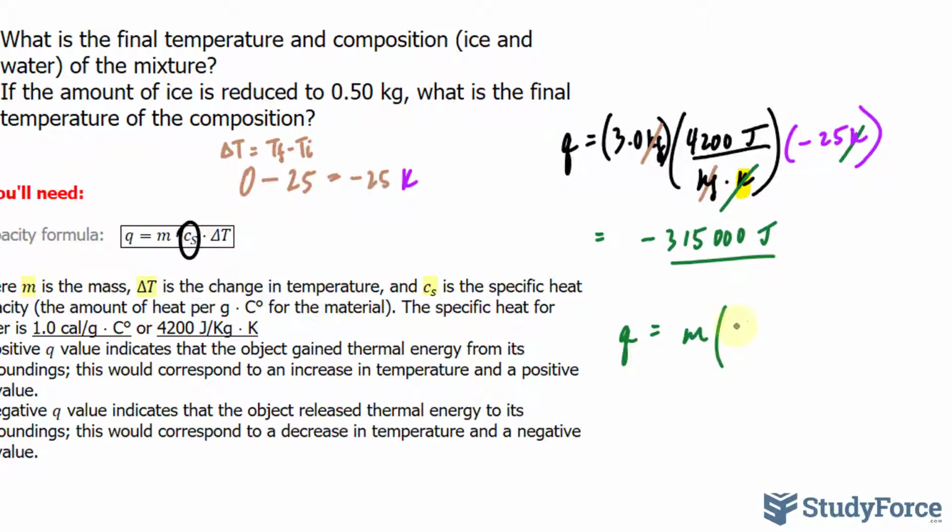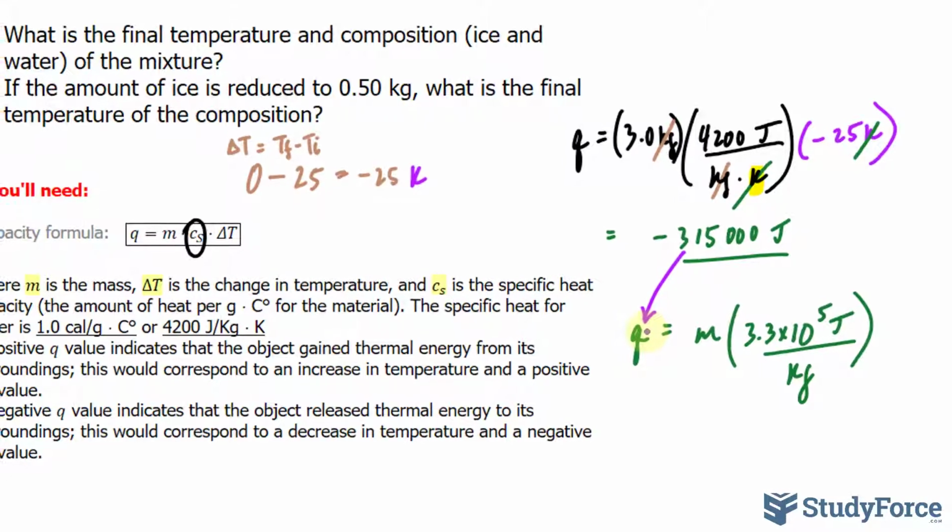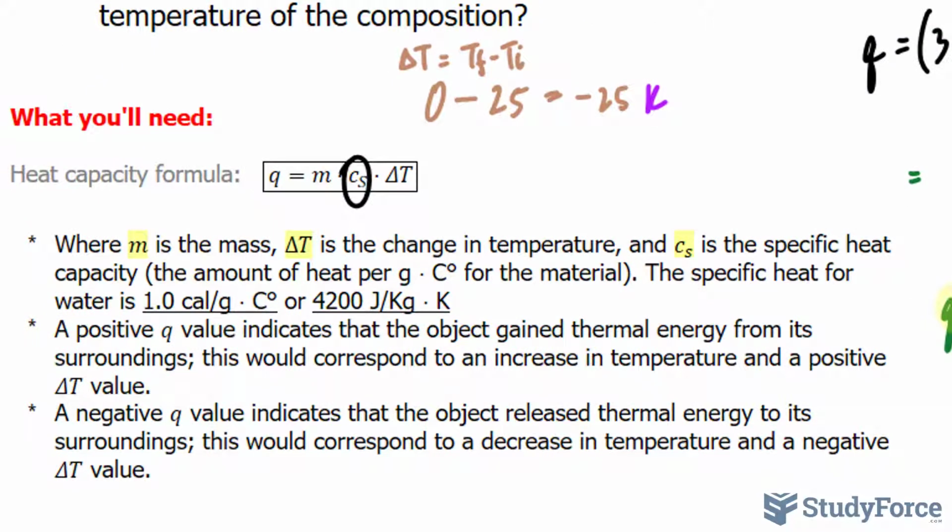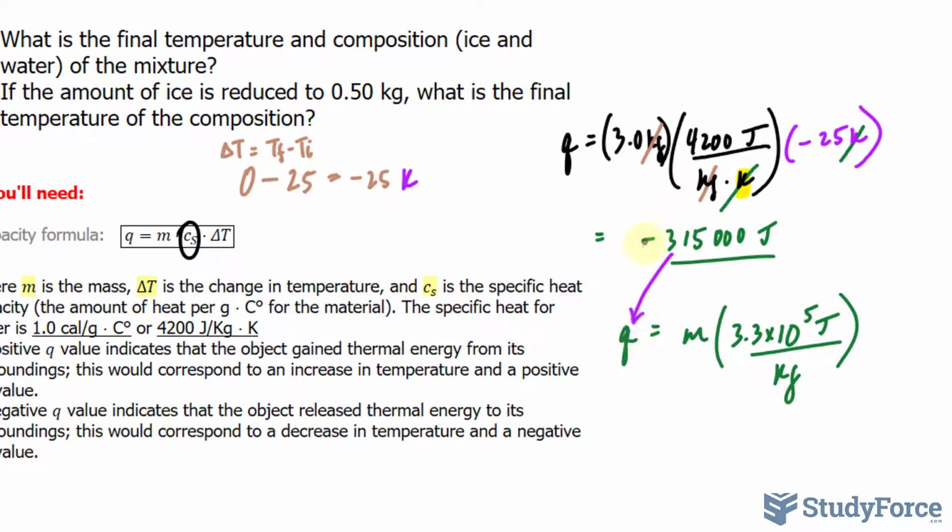And most textbooks will report that that value is roughly 3.3 times 10 to the power of 5 joules per kilogram. I'll take this value right here and place it into this Q value, and I'll get rid of that negative because whenever your Q value is positive, it means that the object is gaining thermal energy. So we will take away that negative, and it's not important for this calculation.